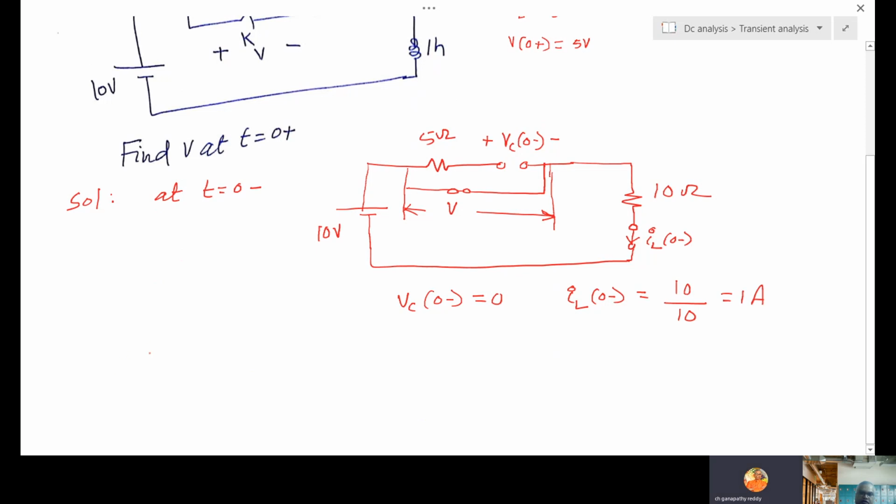Again, draw equivalent circuit at t equal to 0 plus. At 0 plus, replace capacitor with the voltage of 0. And what is the switch status? Open.